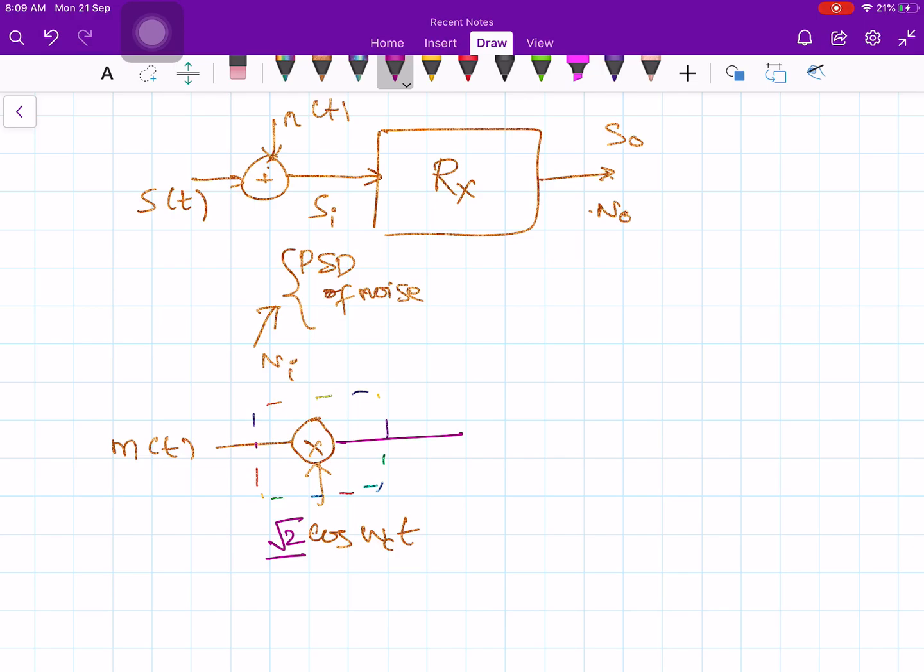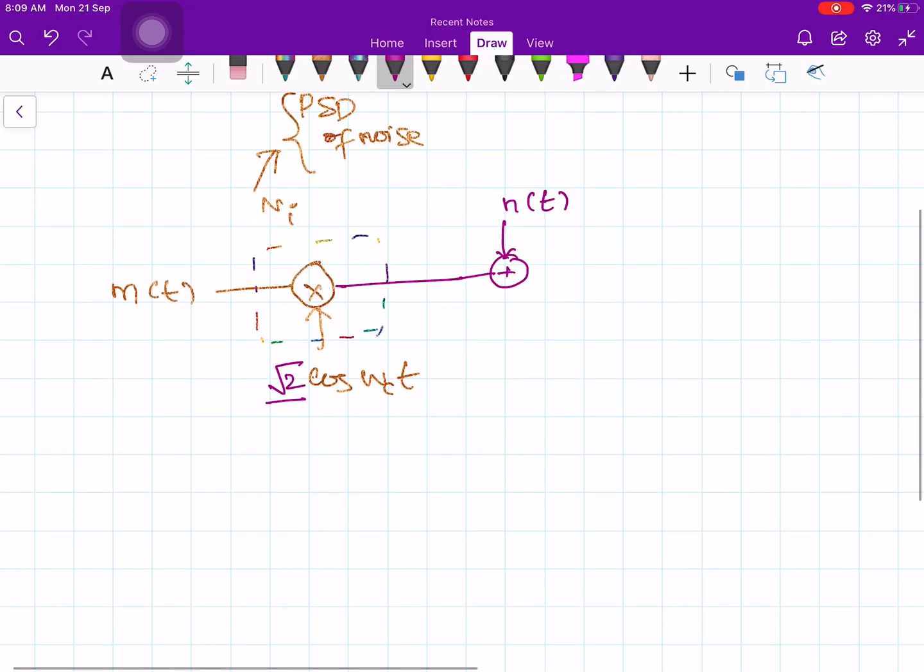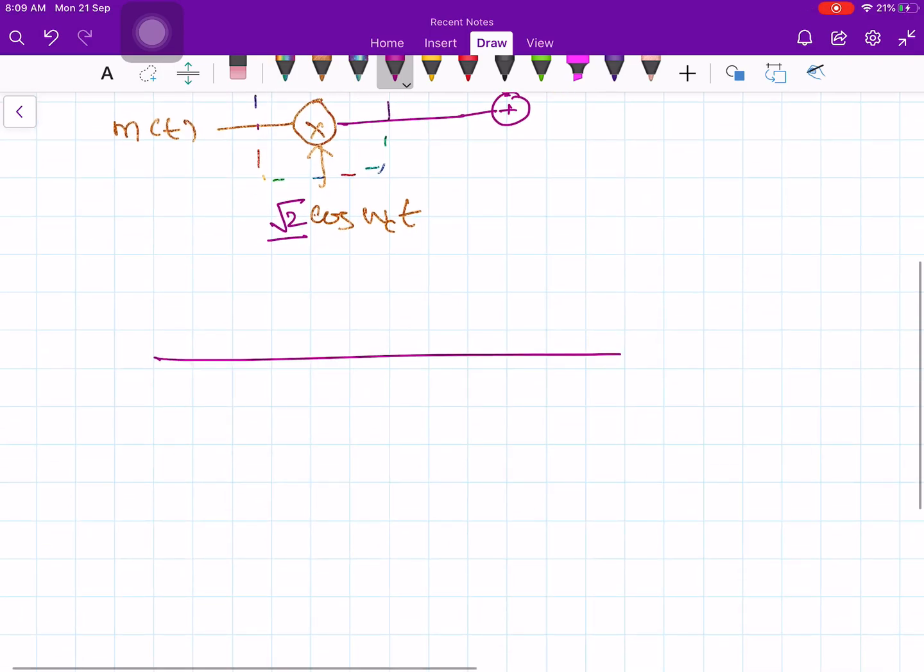And then the noise is getting added, n of t. When I say ideal band pass filter, the frequency components are located at minus Fc and plus Fc.